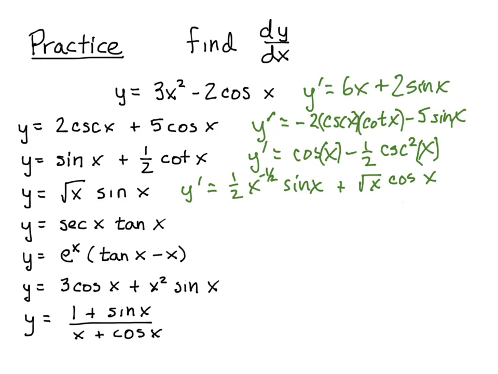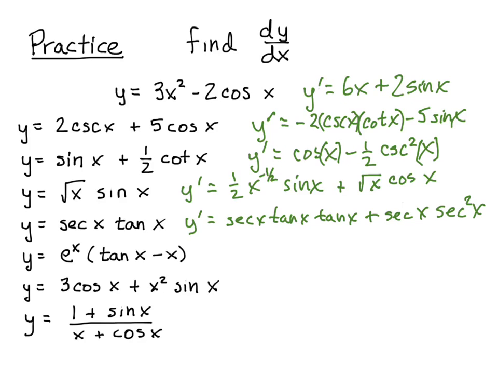The second one, we get a little bit more complicated here. The derivative of the secant is going to be the secant of x tangent of x times the tangent of x, plus the secant of x times the secant squared of x.